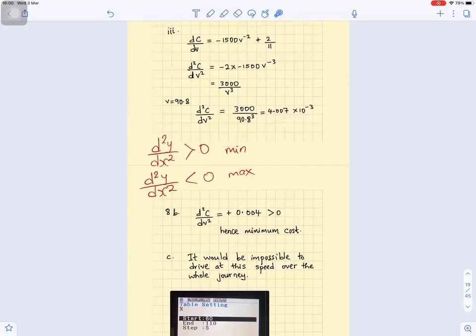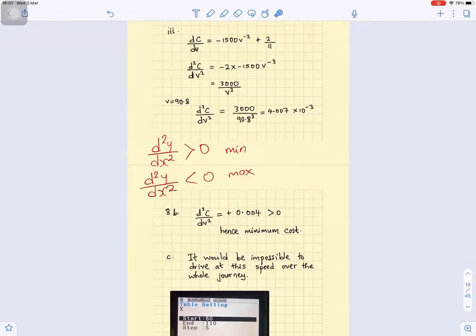So d squared C over dV squared is greater than 0, so you get a minimum. We are using C here and V, so d squared C over dV squared is greater than 0. So you can write it as 0.0004, which is greater than 0 because positive. Hence, it's a minimum cost.